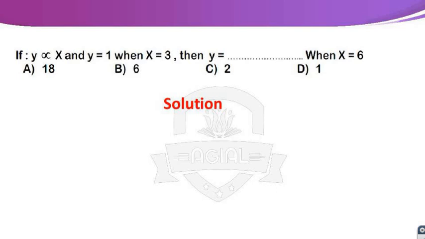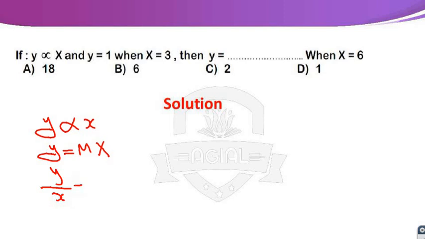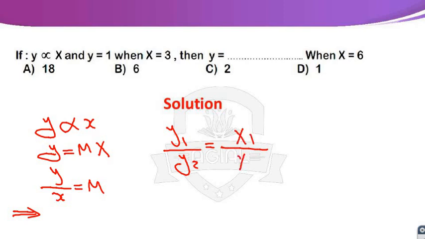Again, y varies directly as x, then y = mx, then y over x equals m, then y1 over y2 equals x1 over x2. y1 equals 1 where x1 equals 3.